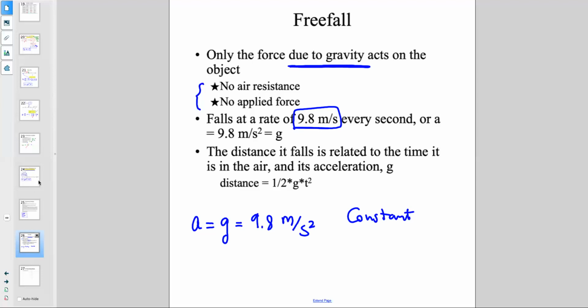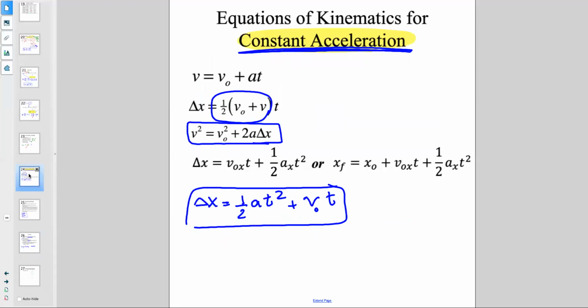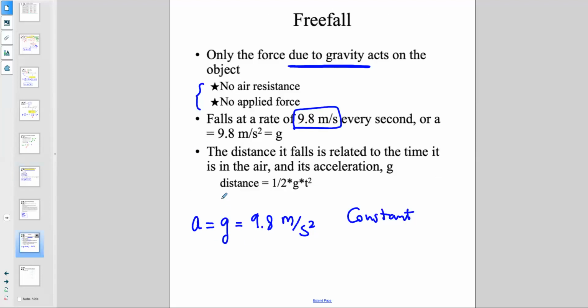So if I am dealing with a free fall problem, I am dealing with these formulas, but instead of A, acceleration in this set of formulas, I am simply using G. If a problem says an object is freely falling from the top of a building, then you immediately know it's a free fall.